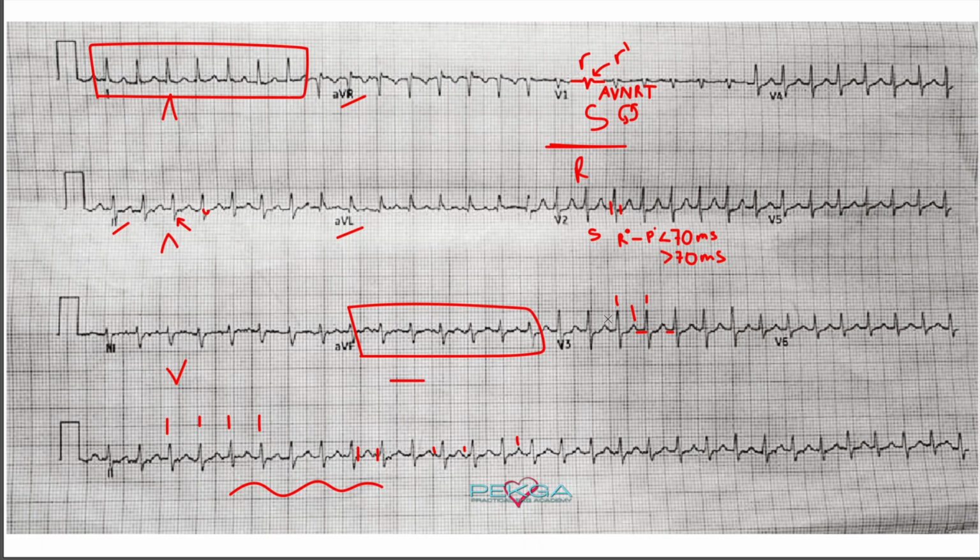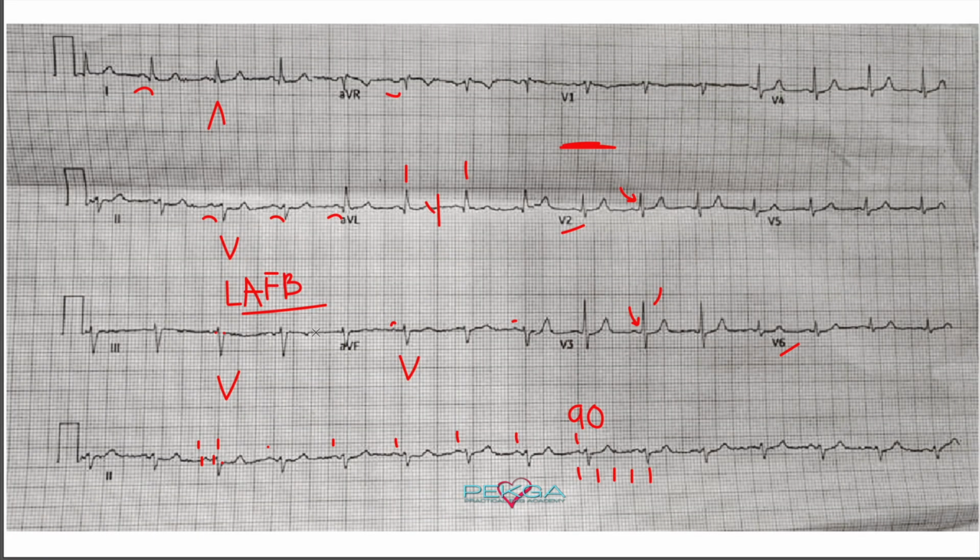Okie dokie, so what do we have here? We have narrow complex tachycardia, right? We have SVT at 187 beats per minute. Call it 190, doesn't matter, which was converted using a vagal maneuver into normal sinus rhythm. So this is normal sinus rhythm.